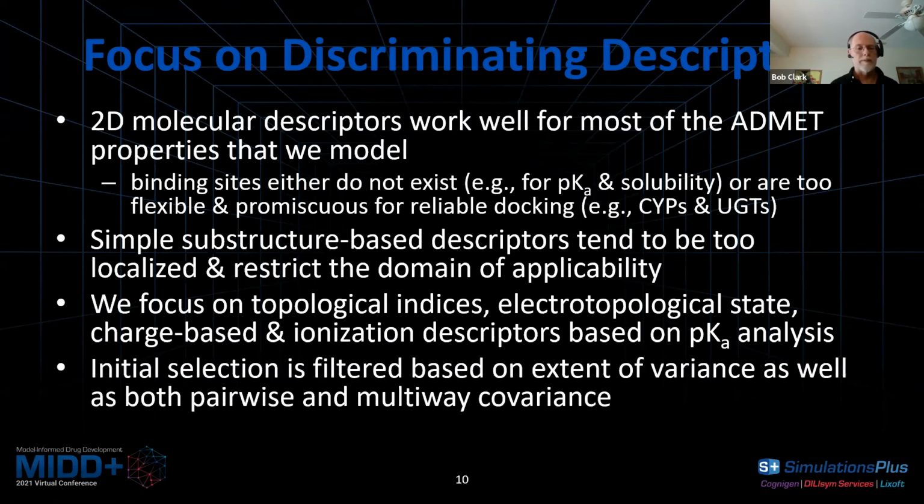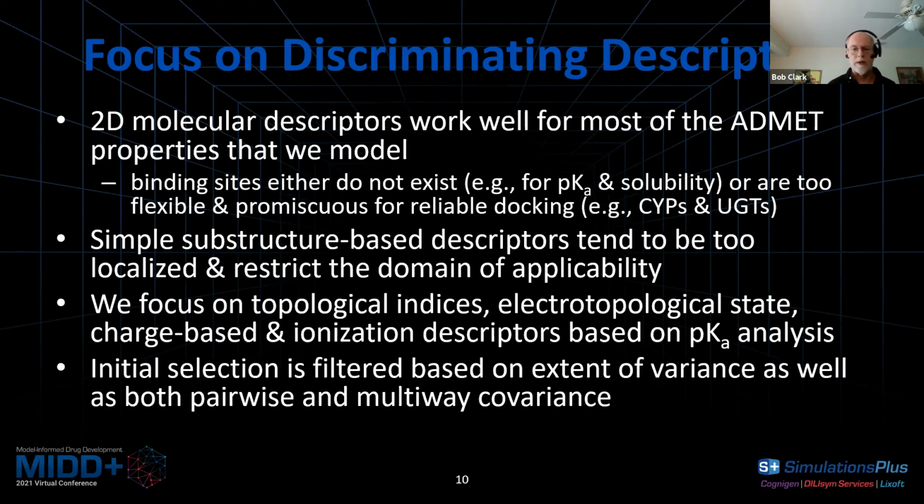And finally, initial selection is filtered based on the extent of variance of each descriptor, as well as pairwise and multi-way covariance. Now, unfortunately, most other software from other companies does not take multi-way correlation into account.